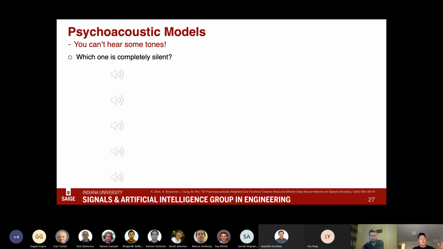traditionally it helps many audio codecs, such as MP3, to achieve coding efficiency. Basically, not all sound is treated equal by our human ears. Say some sounds are too soft at a certain frequency, so it's inaudible, even though the sound does exist.